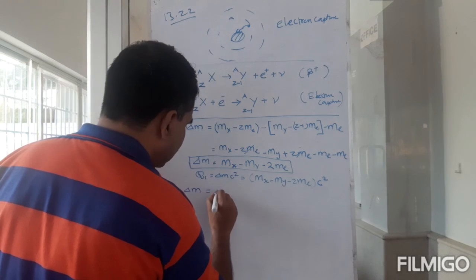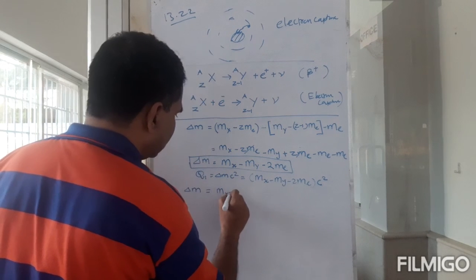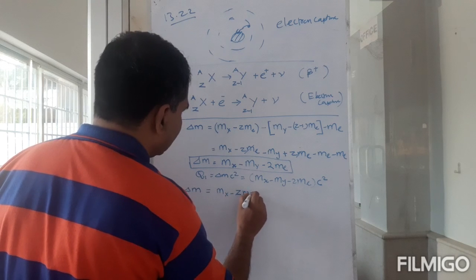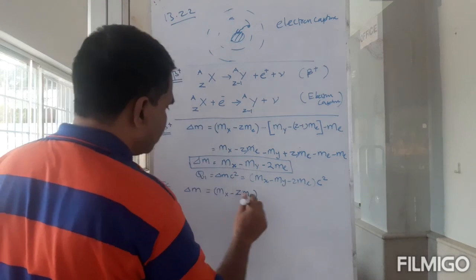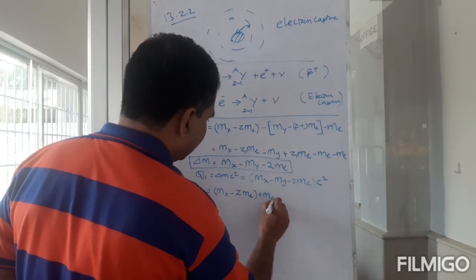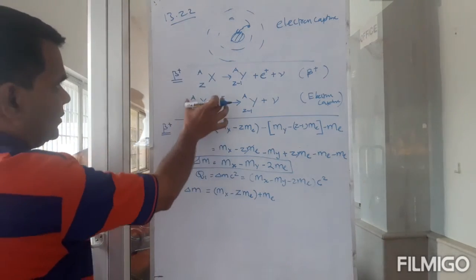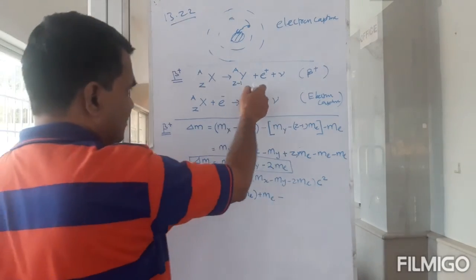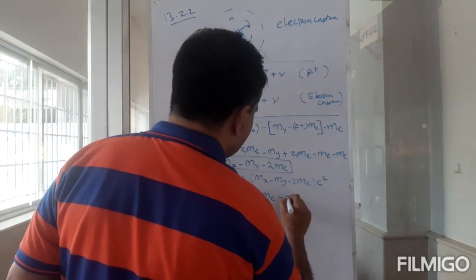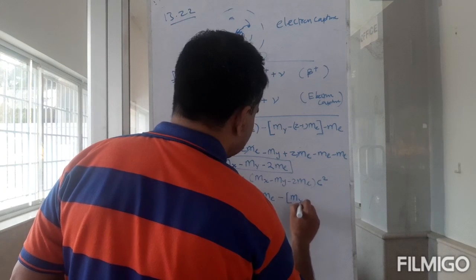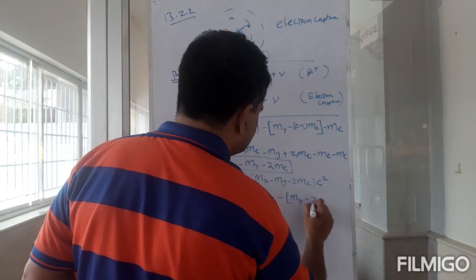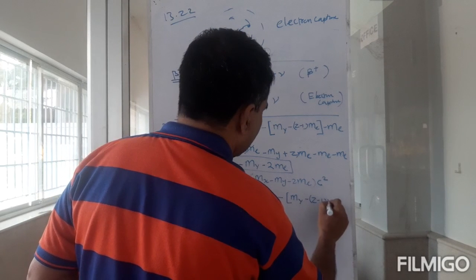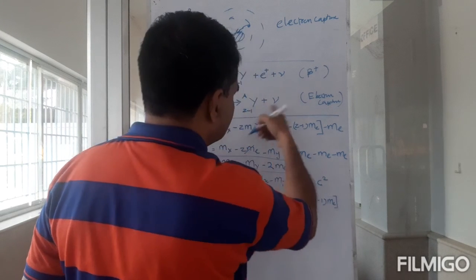That would be the same atomic mass minus Z times the mass of electron plus the mass of electron. So this becomes this, right? Then minus the nuclear mass of this, that would be the atomic mass of Y minus (Z minus 1) electronic mass. I can ignore that.